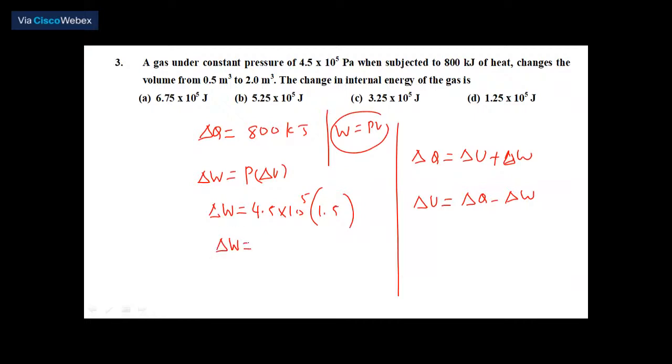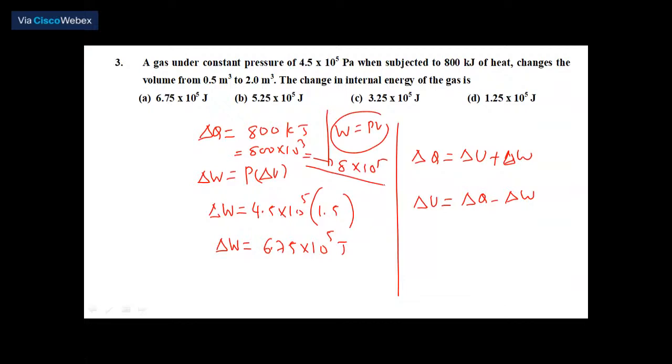Now this gives delta W. Delta W is found to be equal to, you find the product, product turns out to be 6.75 into 10 to the power 5 joules. Okay, so delta W is known to you. Delta Q is 800 into 10 to the power 3 or 8 into 10 to the power 5.